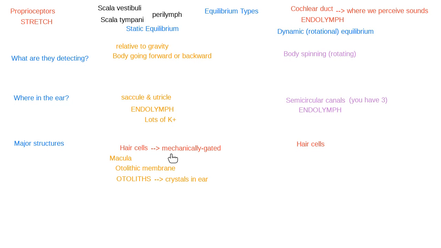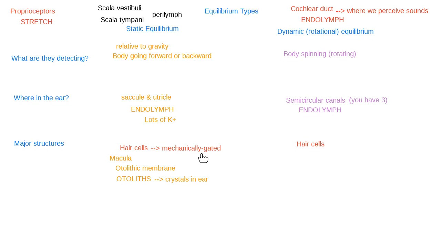When I push them open, remember that they are potassium channels. When I push open that membrane, because there's so much potassium outside of these hair cells, because they're living in endolymph, I push open the channel, in rushes potassium, and that depolarizes my membrane.